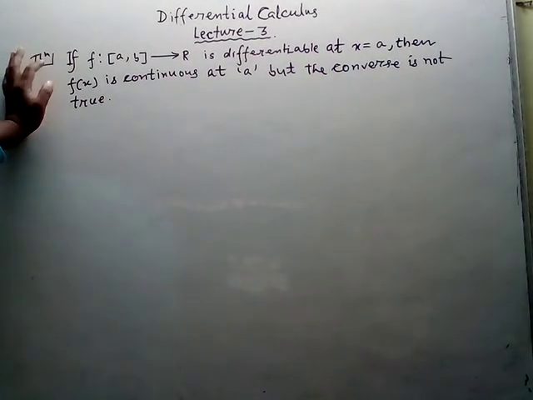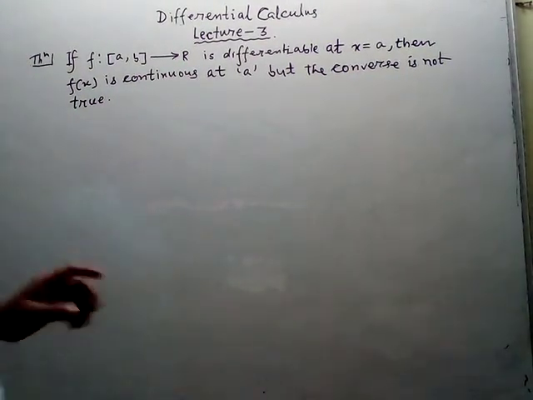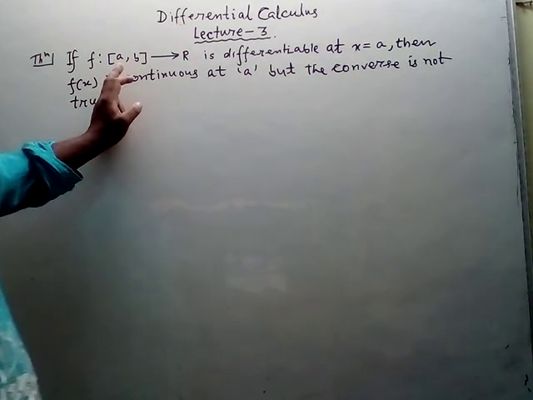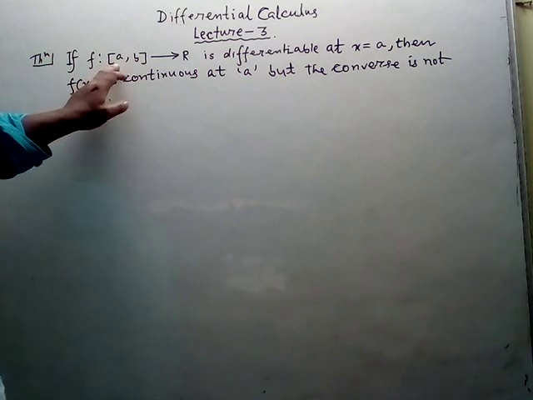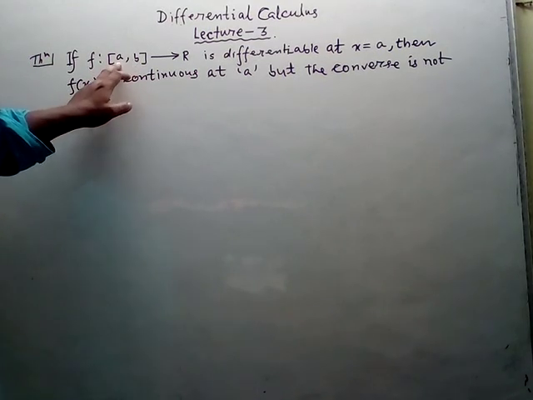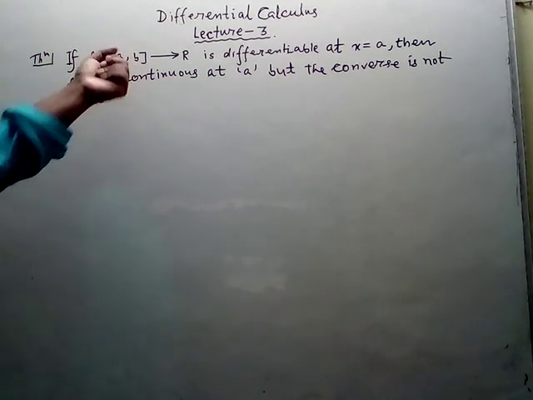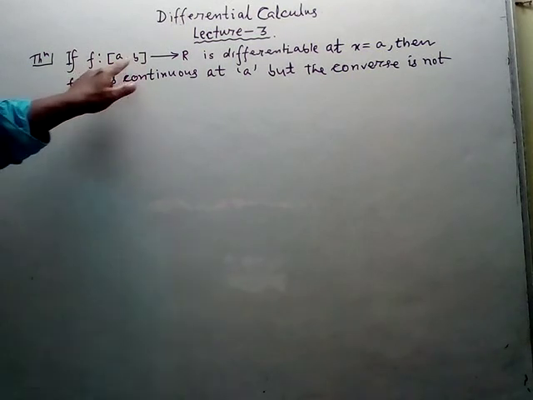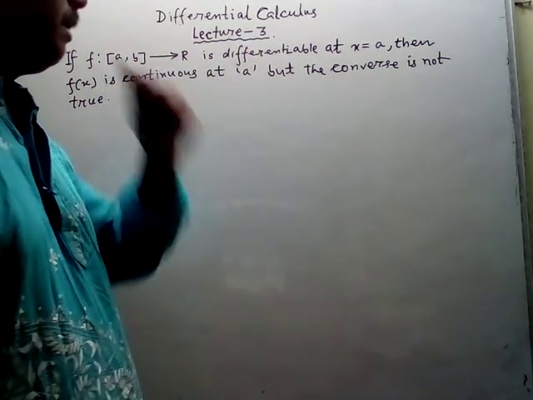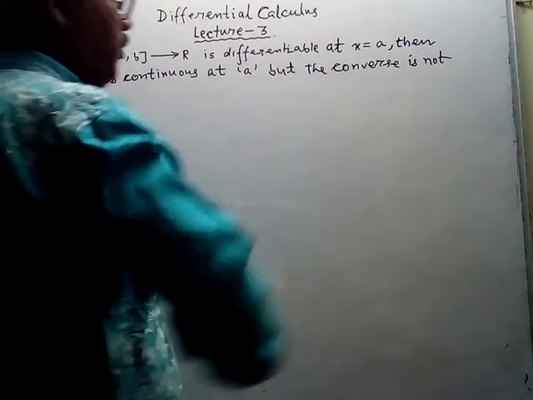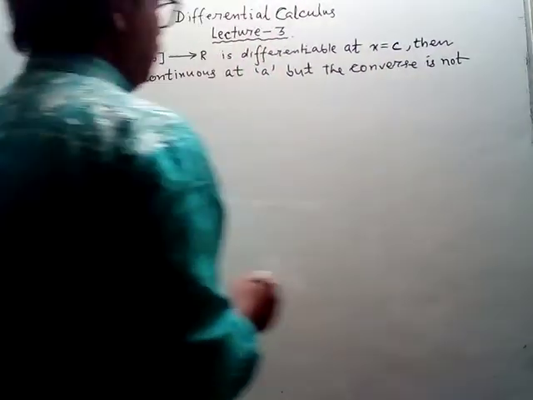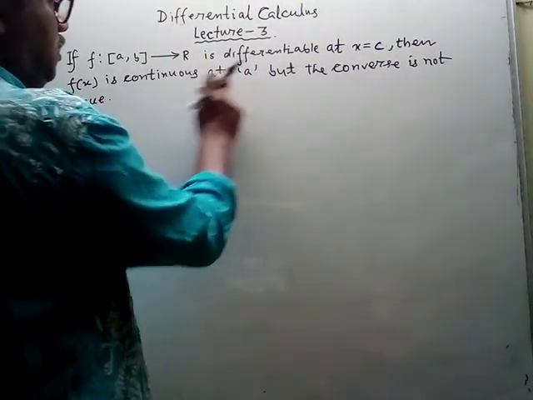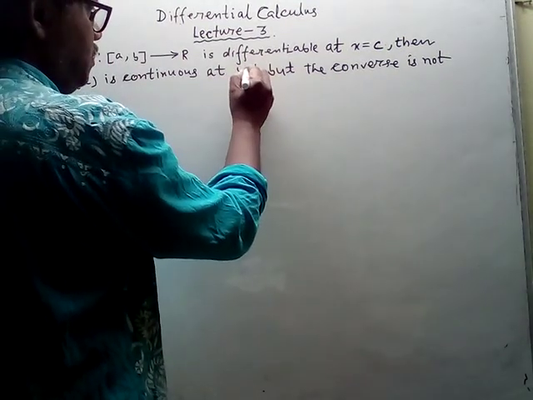This is the theorem. If a function f, mapping from the interval [a, b] to R, is differentiable at the point x equal to c, then f(x) is continuous at the point c.